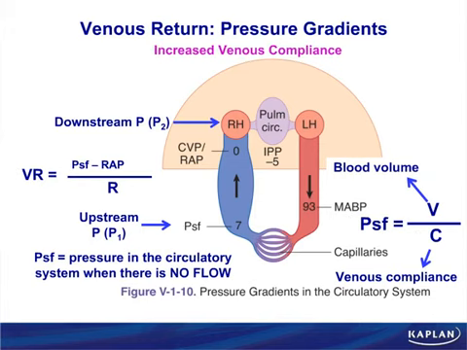All right, let's go the other way. Increasing venous compliance. Venodilators, as we indicated, classic example of it, or inhibiting sympathetics. If compliance goes up, then PSF goes down. Well, if PSF is going down, that means the pressure head's going down. That means venous return is going down. Hopefully this also makes sense to you. If I dilate the veins, they're going to fill up with blood. So earlier we brought forth the concept that if the blood is in the veins, then it's not available to the heart.